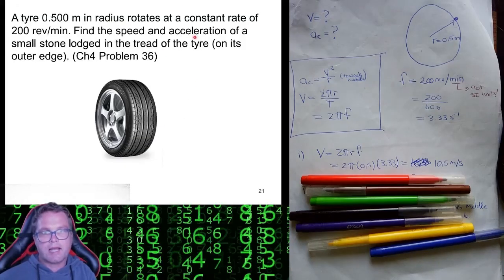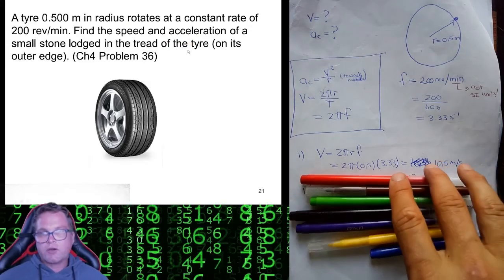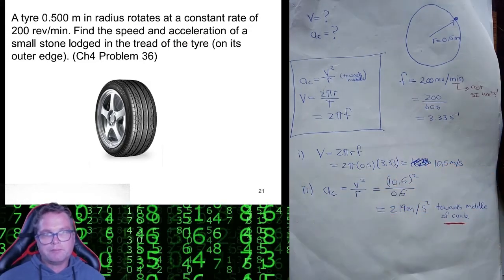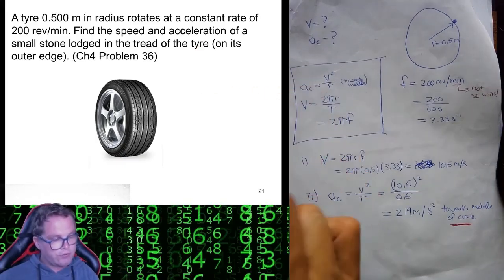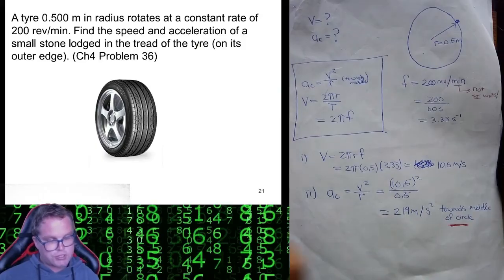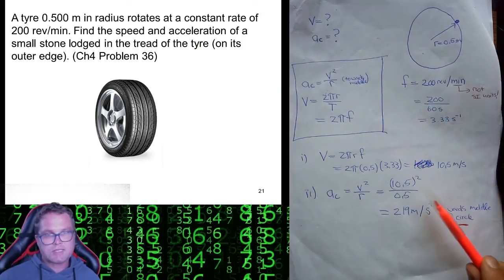The second challenge that we're given is to calculate the acceleration of the pebble. In order for us to calculate the acceleration of the pebble, we make use of acceleration is equal to v squared over r, this expression shown here. We've just found that the speed is 10.5 meters per second.